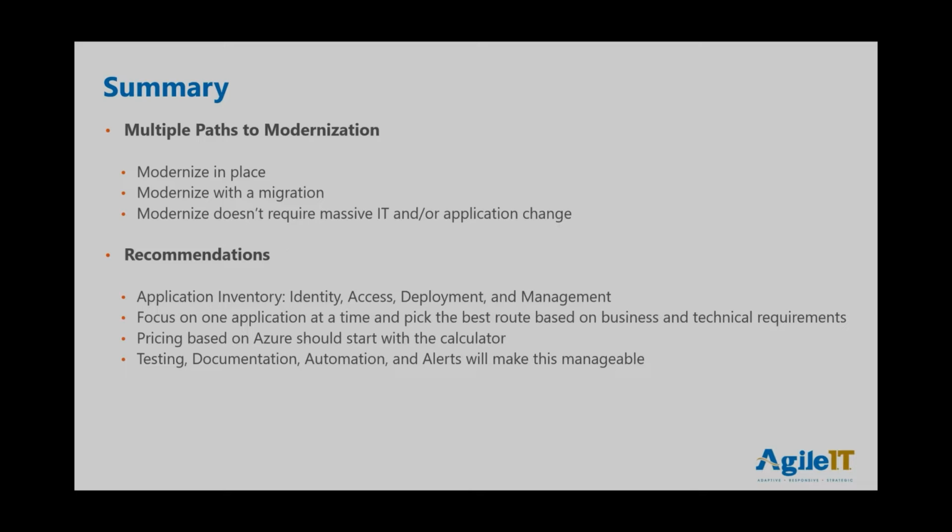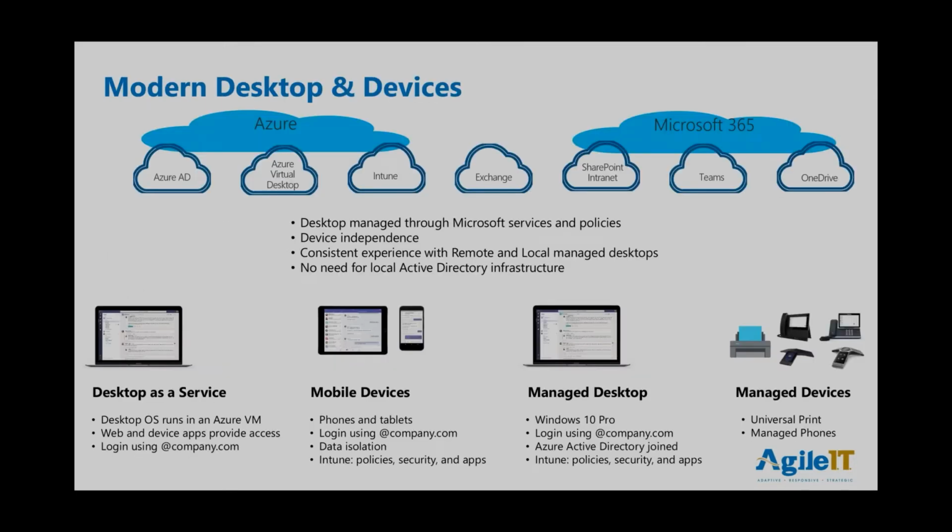You don't have to think that I just do it one way and I have to live with it like that for a long time. There are different routes, and you should look at the different applications that you have and start to make decisions one by one. So we look at it from a modern desktop, modern devices world, using what is already there in Microsoft 365 for managing your mobile devices and identity.